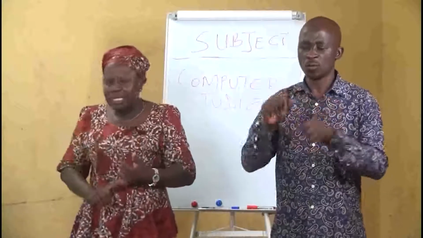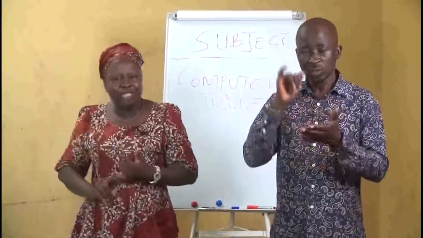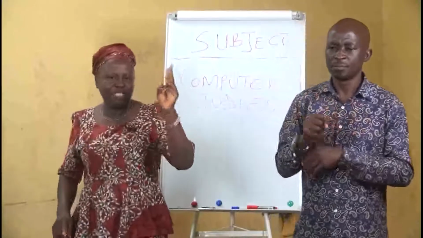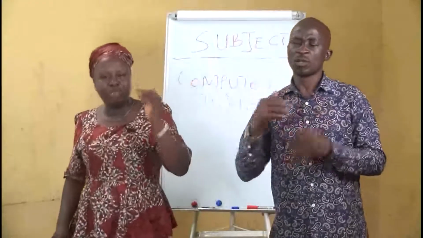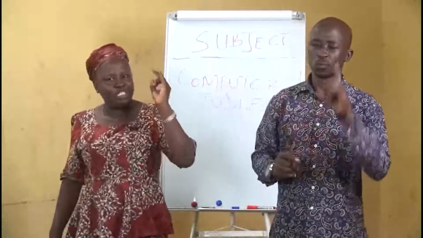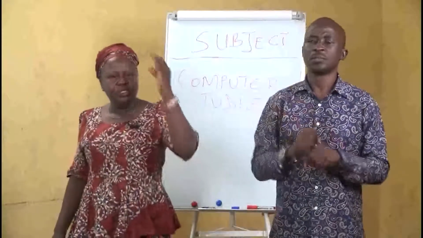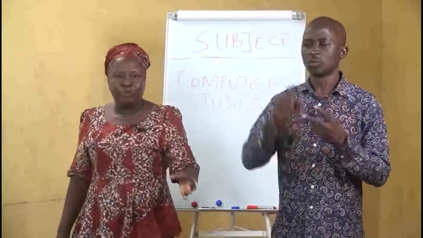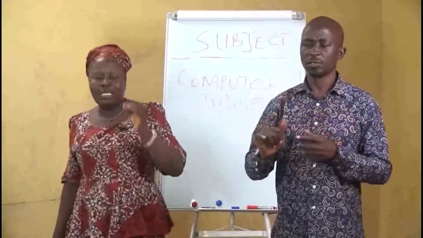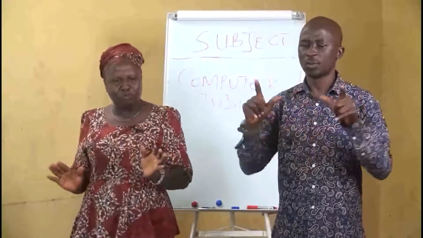System software, I told you, is of three types. Learners, don't forget, they are of three types. One, operating system software, utility software, and finally, the language translators.